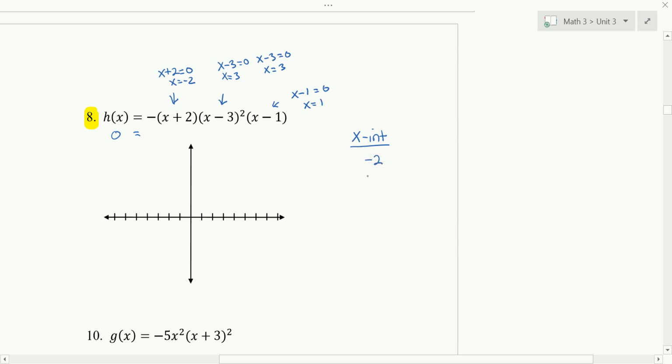We have 2 at 3. So I'm going to indicate the multiplicity is 2. And then we have an x-intercept at 1. So I'm going to put a point at each of those spots. So one at negative 2 on the x-axis, one at 3, and one at 1.